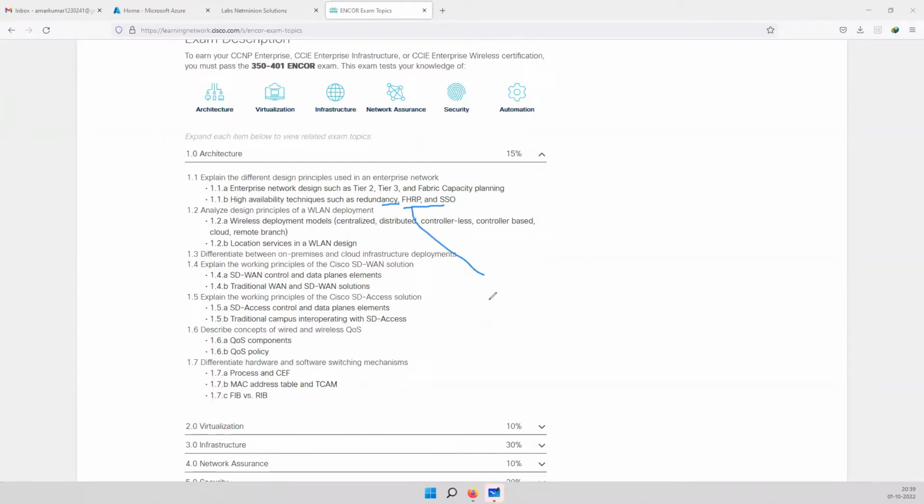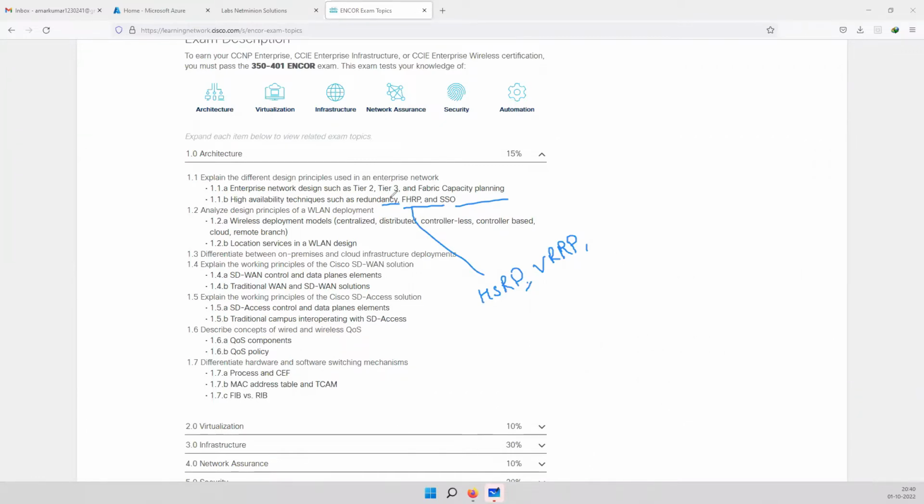Under FHRP we have these protocols: HSRP, VRRP, GLBP. I believe VRRP and SSO were not in the earlier CCNA topics. This is a new course, and you would see that automation is also part of it.